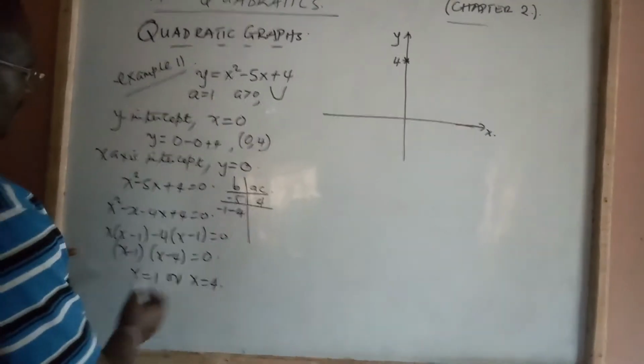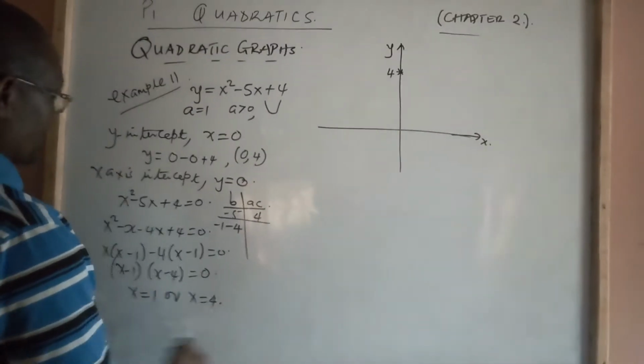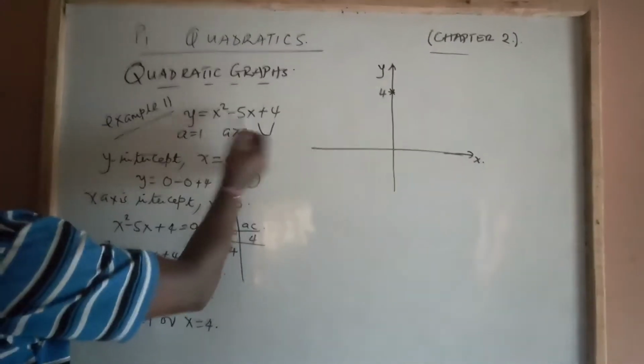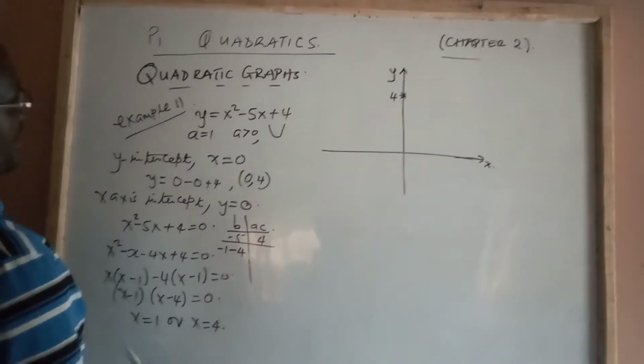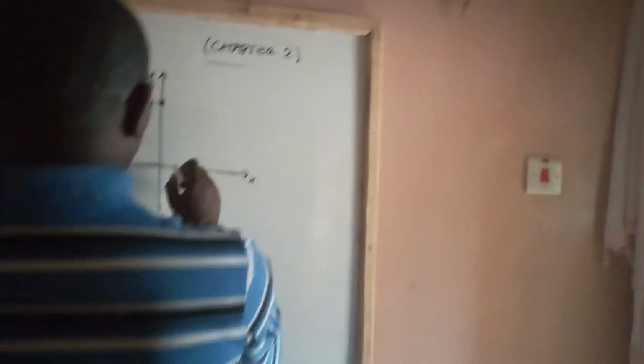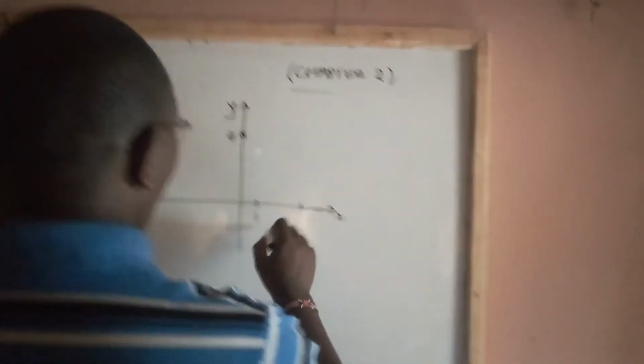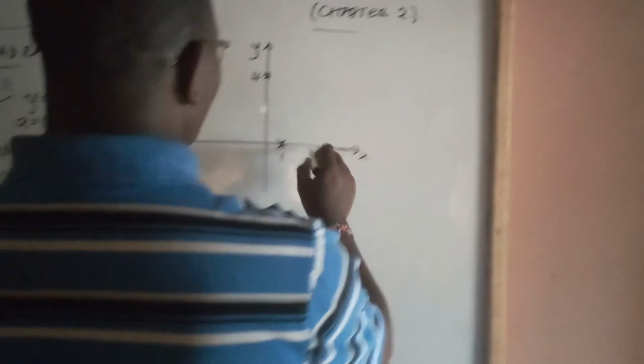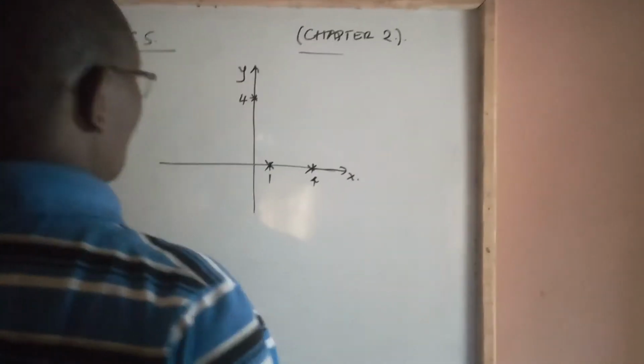And these are what we may call the critical values. These are the solutions of this particular function. They are the roots of that function. So 1 and 4, these are the very critical values, or rather the solutions.